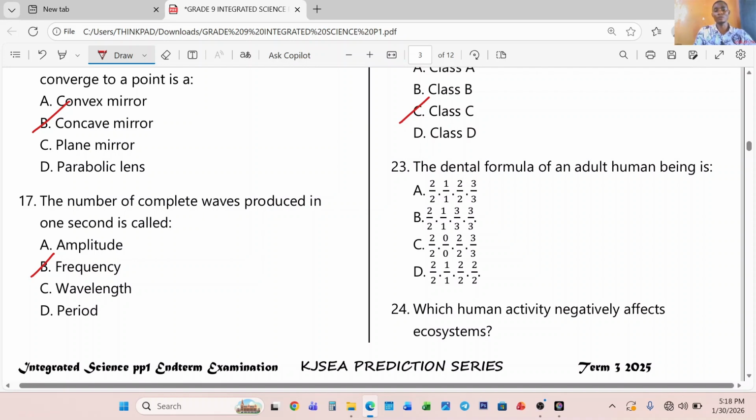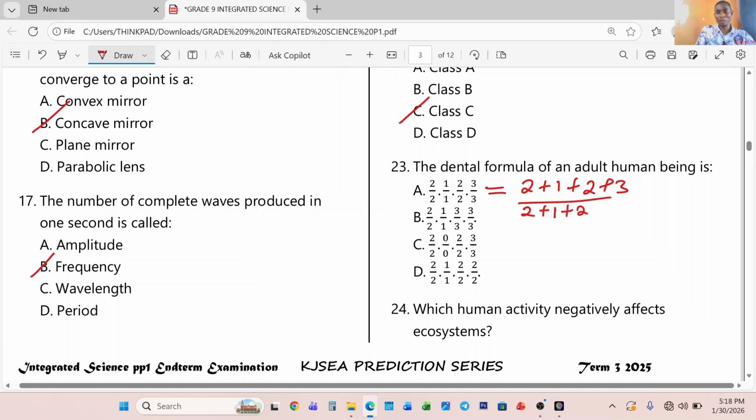So we have 2 plus 1 plus 2, which is 5, plus 3, which is 8. We take the top jaw, or what we call the upper jaw, so we take 2 plus 1 plus 2 plus 3. We also take the same for the lower jaw.